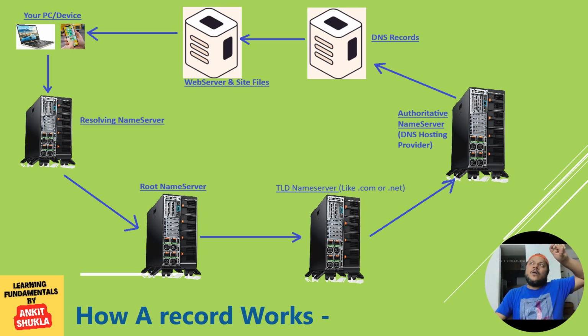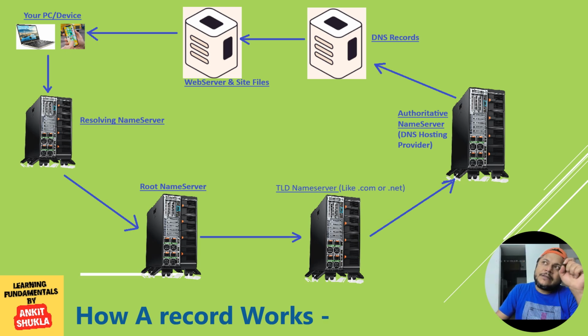Now this tells you how an A record is eventually resolved through different hops of servers, starting from a resolver. Then the resolver runs a recursive query that goes to a root server. Then the root server redirects that to the top level domain server. If it's a .com domain, it will be a .com TLD server.